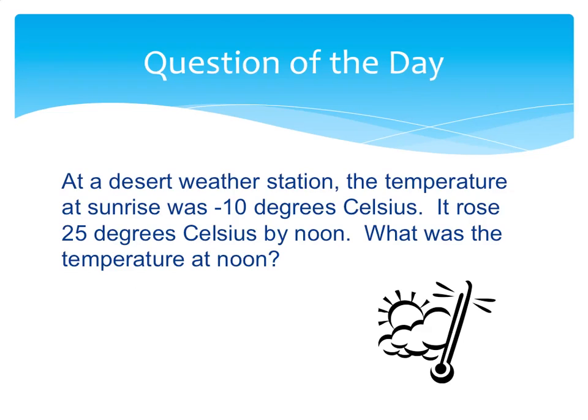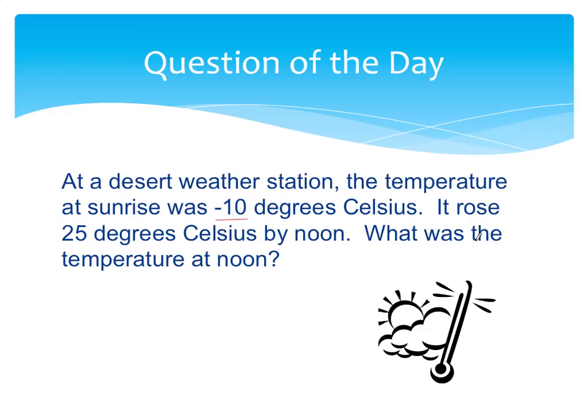All right, before we go, we're going to go back to the question of the day. At the desert weather station, the temperature at sunrise was negative 10 degrees Celsius. It rose 25 degrees Celsius by noon. What was the temperature at noon? All right, so we're going to go through and talk about some important information. Number 1, negative 10.